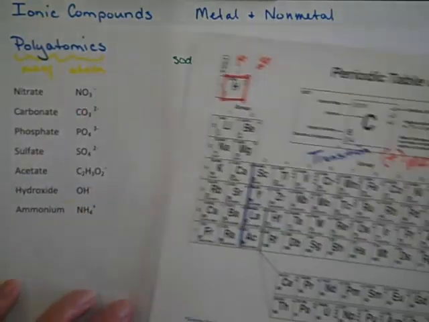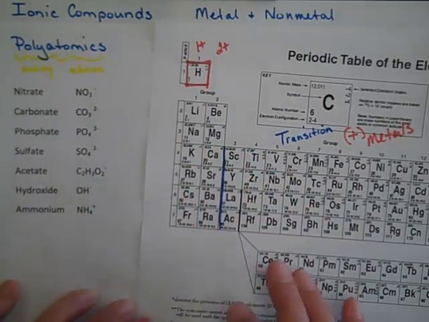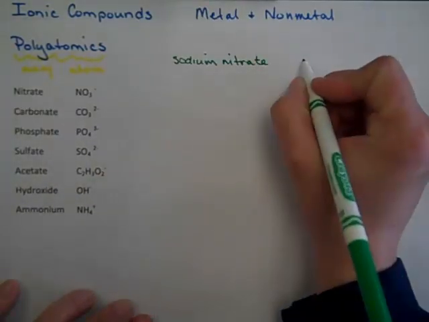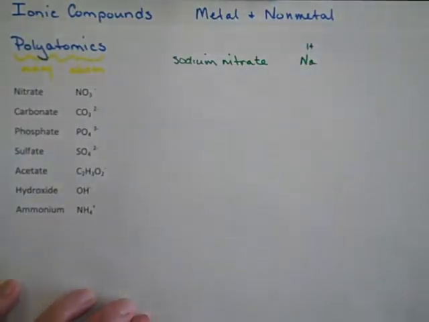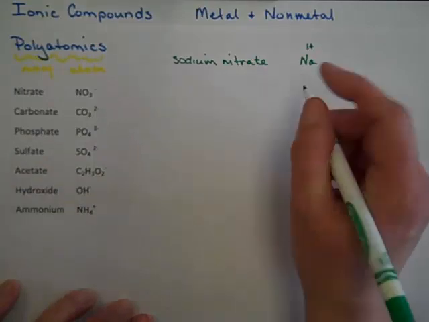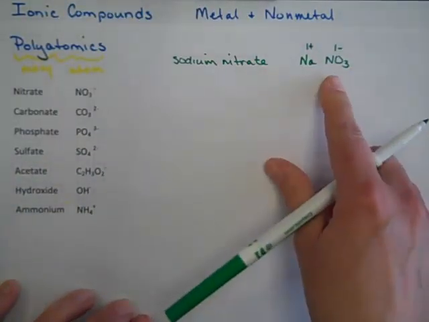So sodium is here on our periodic table, and it is in column 1, so it has a +1 charge. So we have our sodium with a +1. And then nitrate is NO3, and it has a -1 charge.